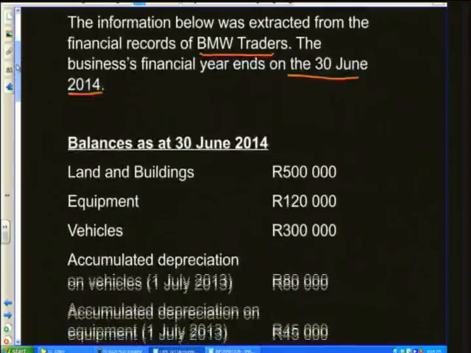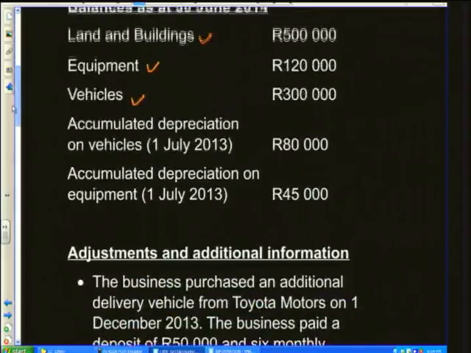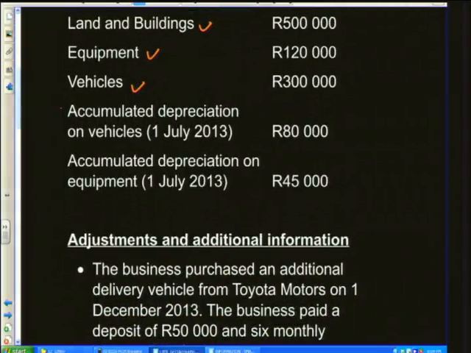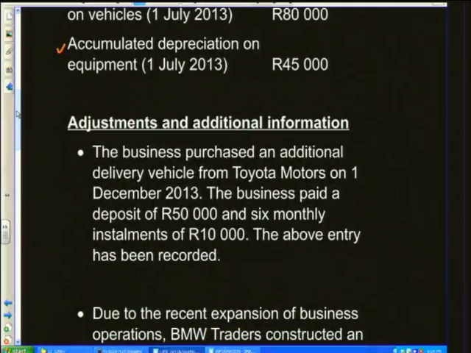We are given our balances as at 30th of June 2014 for our tangible assets. So we've got land and buildings, equipment, vehicles, and as expected, we've also got our accumulated depreciation on vehicles and accumulated depreciation on equipment, and then with our normal accounting question, there are always some additional adjustments and information.